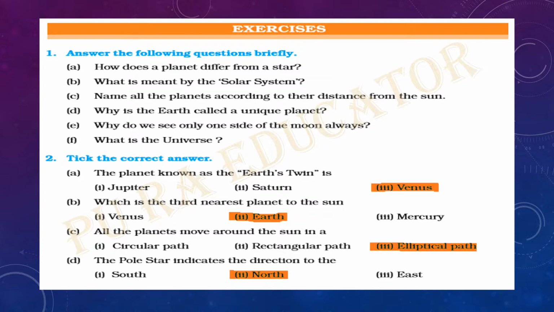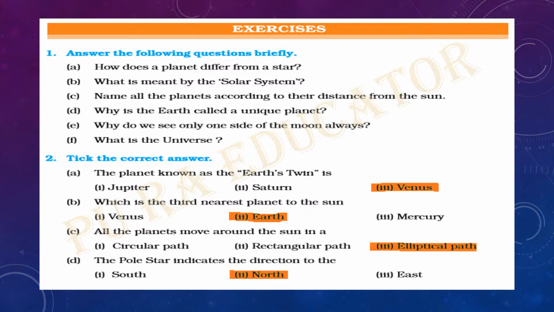Multiple choice questions. As in your exams, the questions have been asked. First question is, the planet known as the Earth's twin is Venus because of its size and shape. Second is, which is the third planet from the Sun? It's Earth.